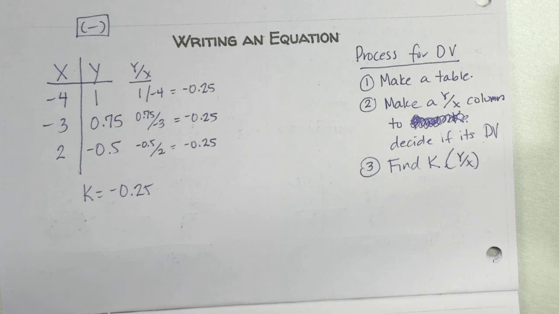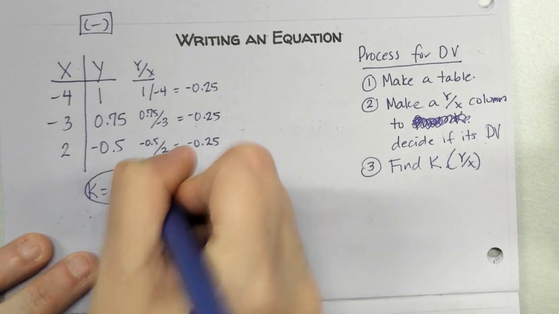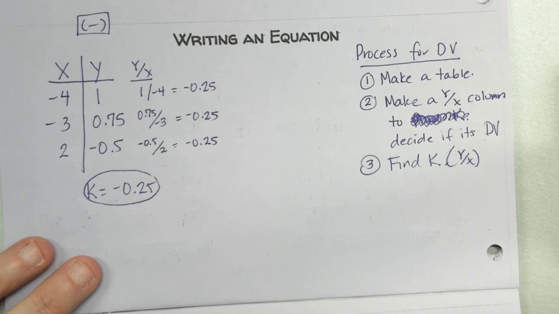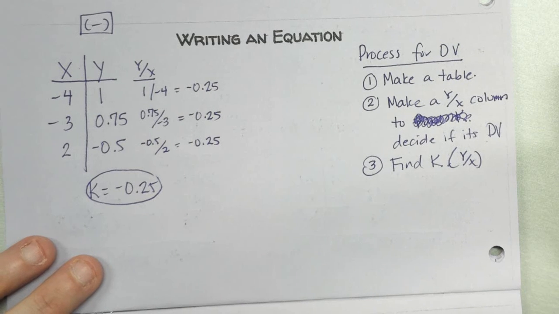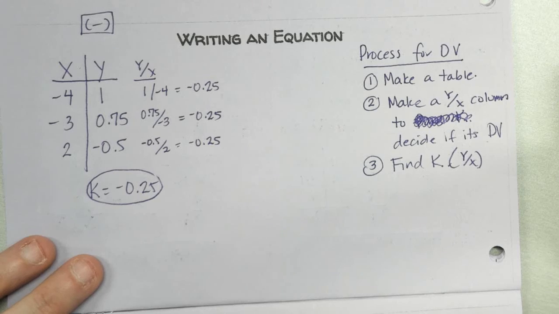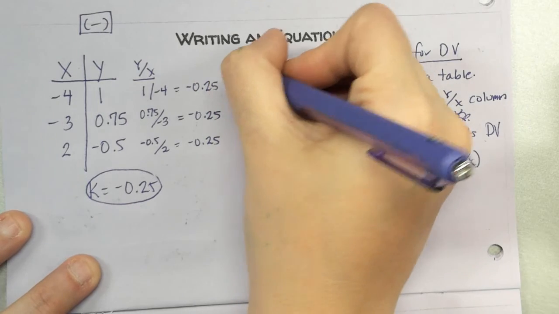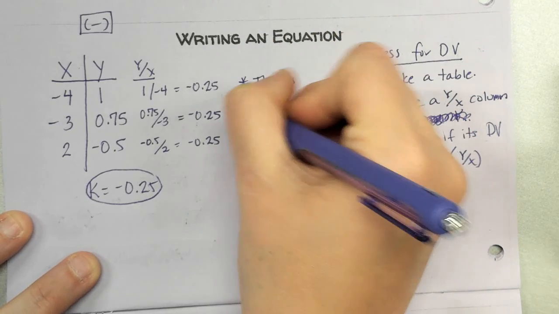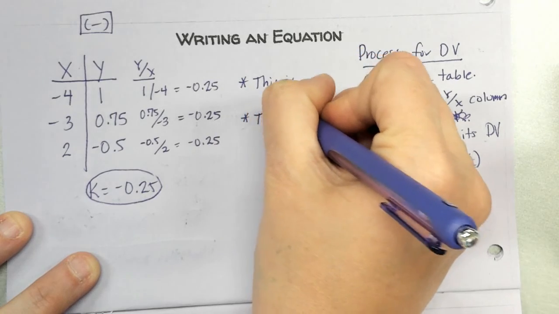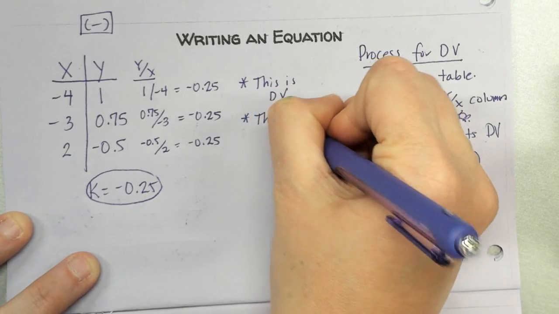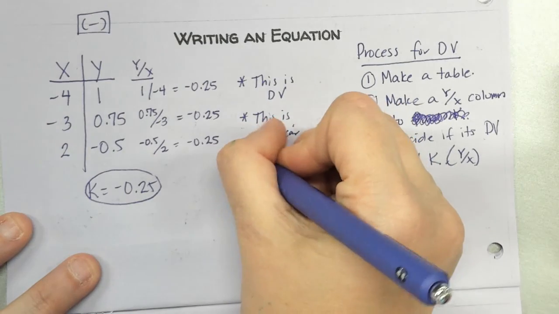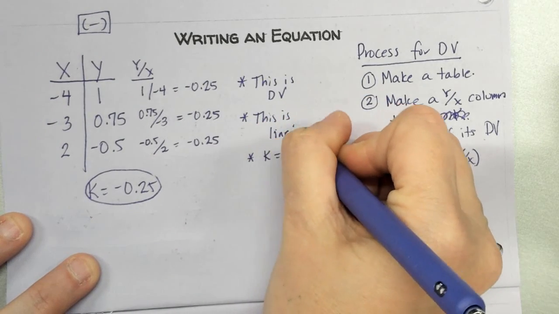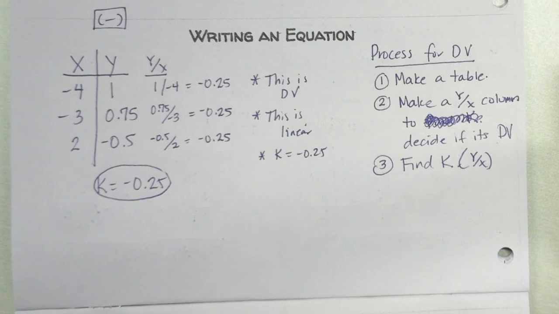So I'm going to make a point of writing down k equals -0.25 because that's important. What else do I know just by looking at this? It's linear. And why do I know it's linear? Because it's direct variation. So I know that this is direct variation. I also know this is linear. And I know k. Just from doing that step right there. And that was easy. Okay?